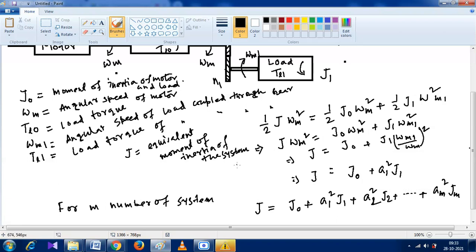Now I have to erase this because I have to derive another equation also, because we have to calculate the equivalent parameters. One parameter is equivalent moment of inertia, which we have already calculated, and we have to calculate the equivalent load torque also.